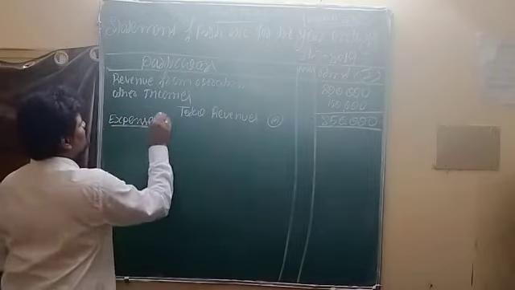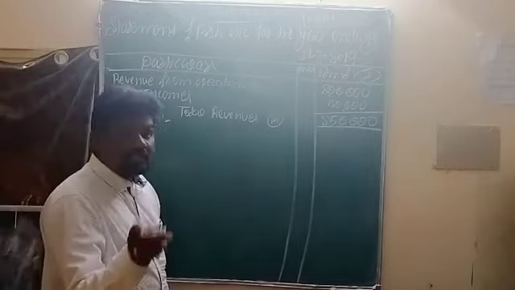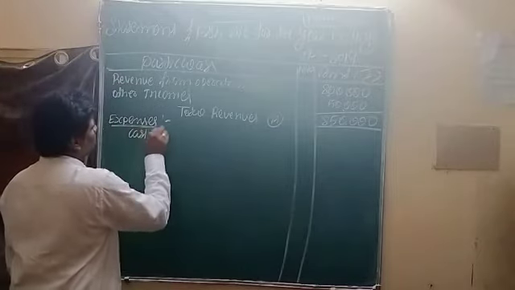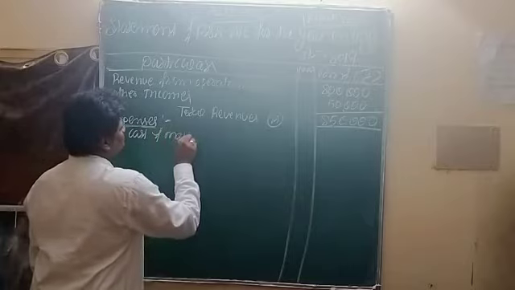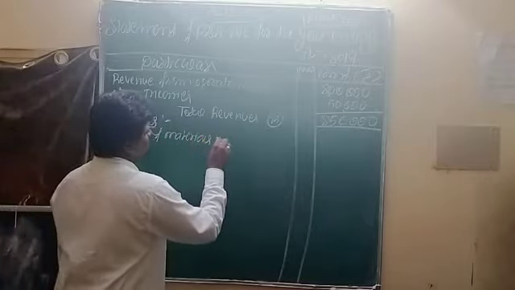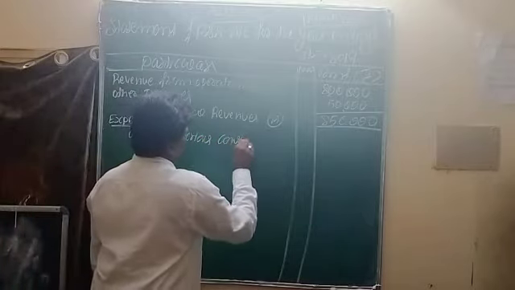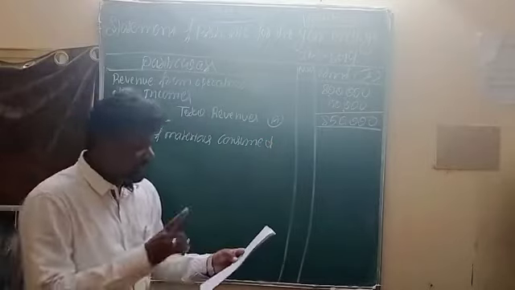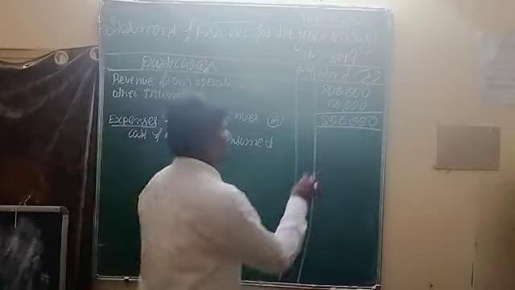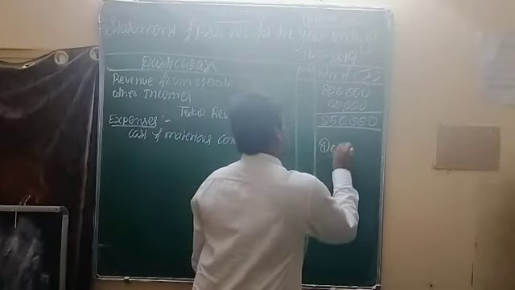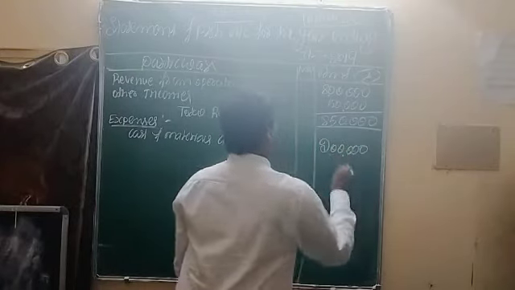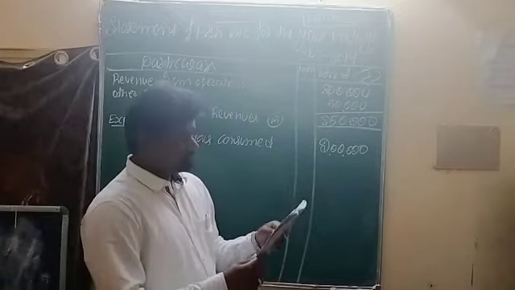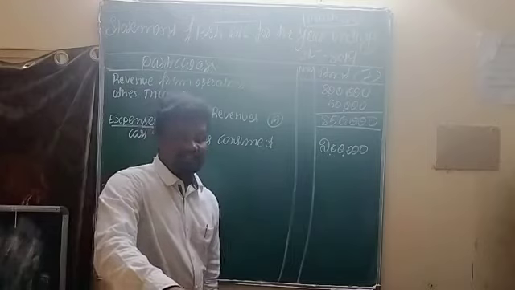Under expenses, now we need to record cost of materials consumed. Cost of materials consumed, they have given 2 lakhs rupees. Directly we can record 2 lakhs in the amount column. The next one, employee benefit expenses.